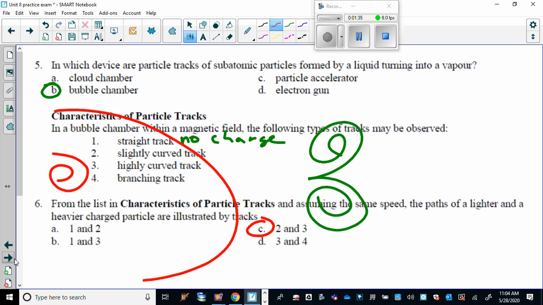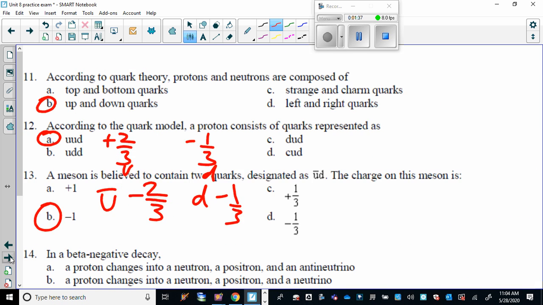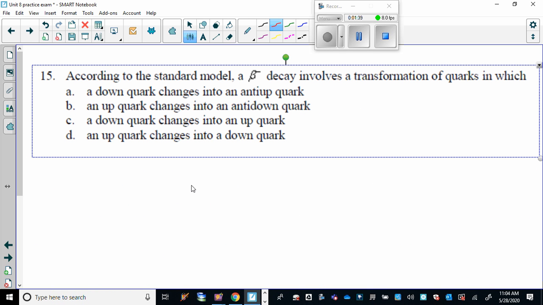Okay, back to where we left off, which was question 15. According to the standard model, a beta negative decay indicates a transformation of quarks in which, so beta negative is where a neutron turns into a proton, right?